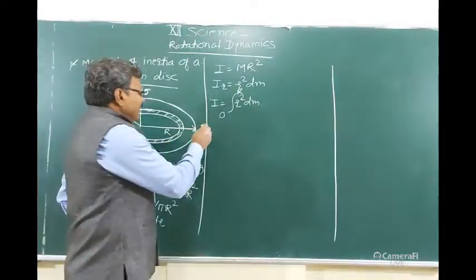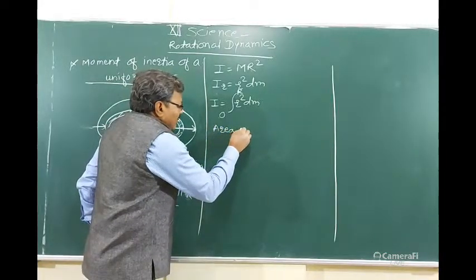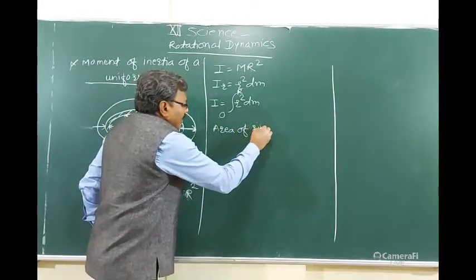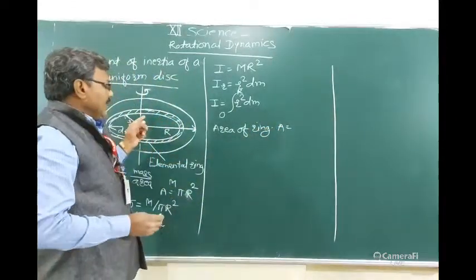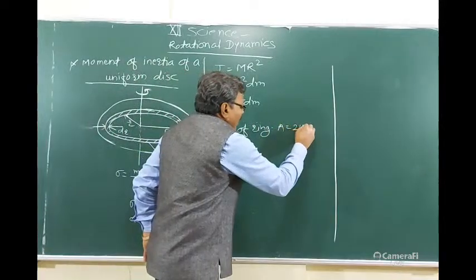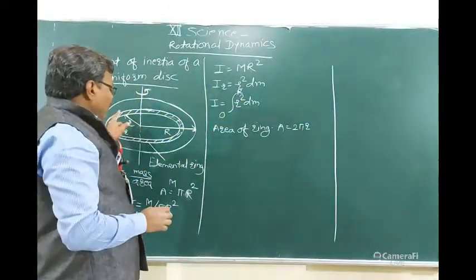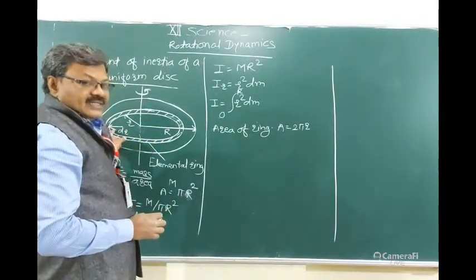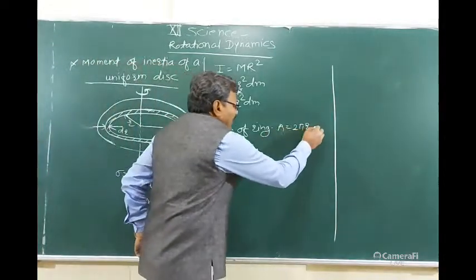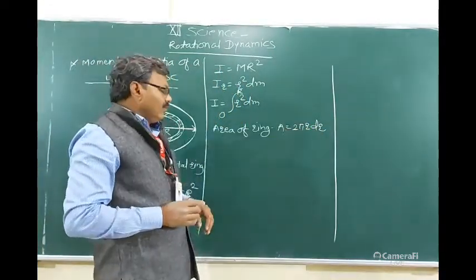So the area of the ring, dA, is equal to 2 pi r, the circumference of the ring, times its thickness dr. Therefore, the area is 2 pi r dr.